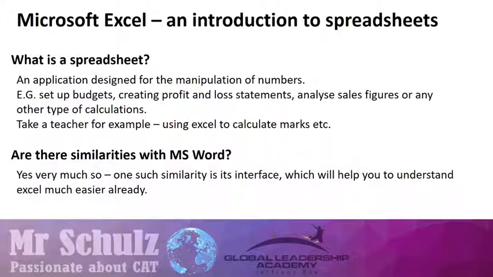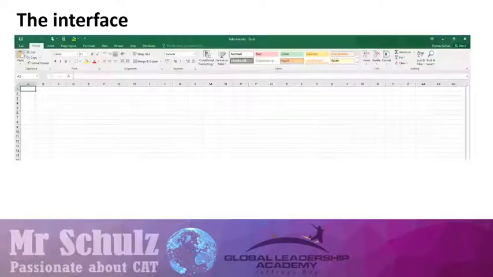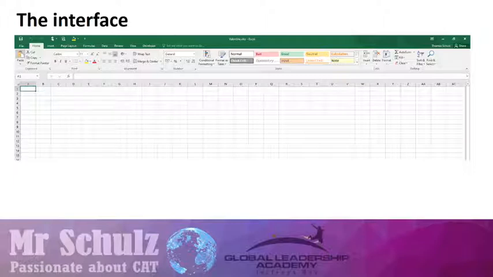So let's have a look at the interface. Over here I've got a Microsoft Excel workbook open. The workbook is the actual spreadsheet, and a workbook itself can have multiple worksheets, but I'm going to show you that just now when we look at some practical work when I actually open Excel.